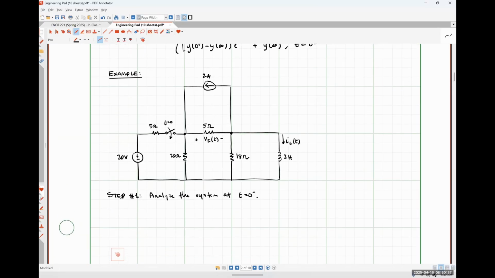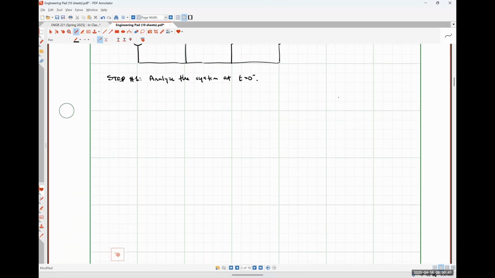So at t is equal to 0 minus, our switch was opened. So our circuit would look something like this. There's our 20-volt source. Here's our 5 ohm resistor.